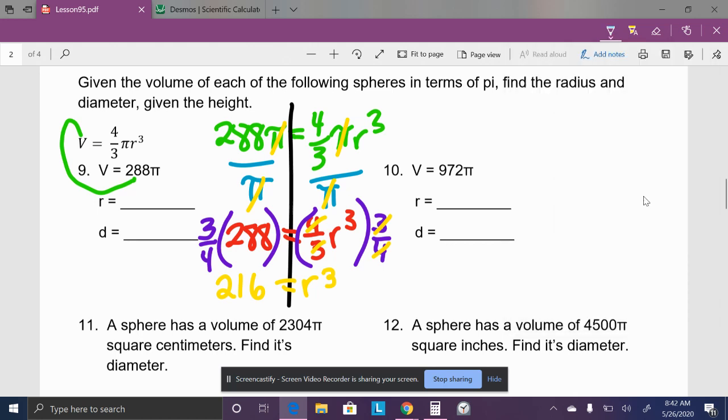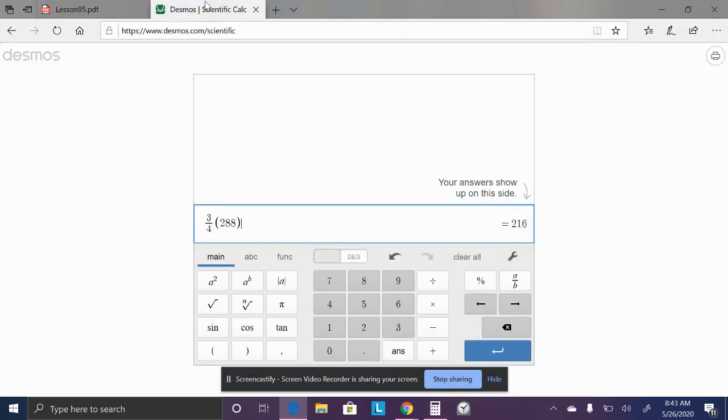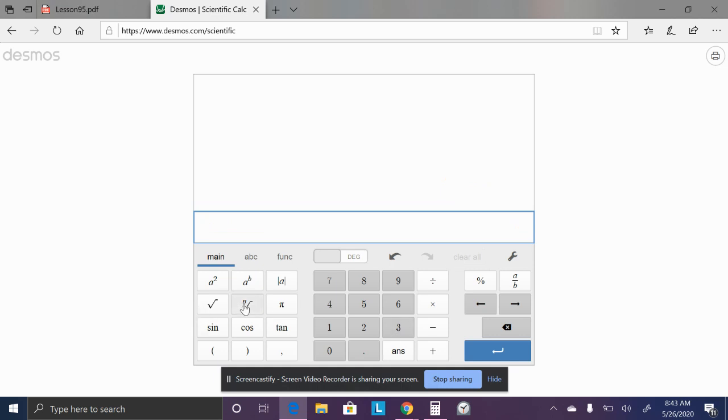Let me do this. So the cube root of 216 is 6.